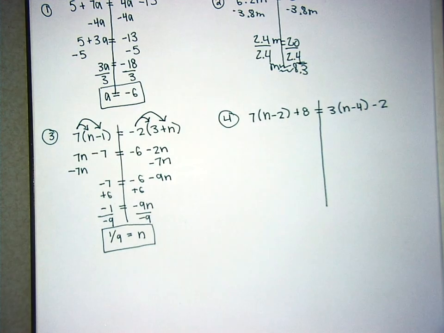Work with your poster partner, please. Should we make a plan? What's the answer? The answer is n equals negative 8/10. Can I reduce it? Sure. Did you write it down yet?